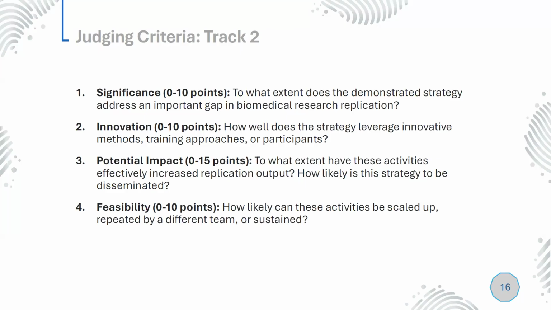And how or to what extent have the activities increased replication output? Is this or was this a strategy that could be easily disseminated? And then importantly, we want to know about feasibility, getting again to the issue around scalability and what that might look like.